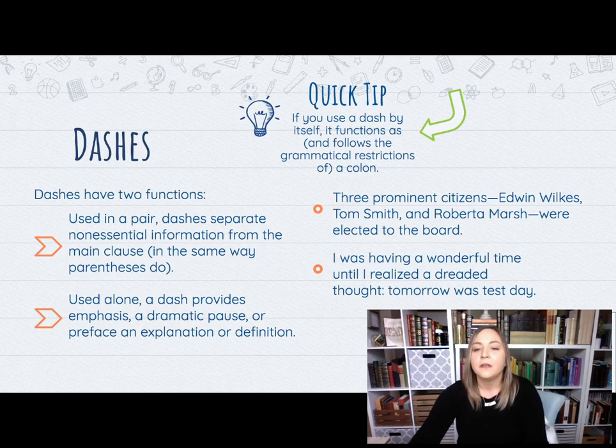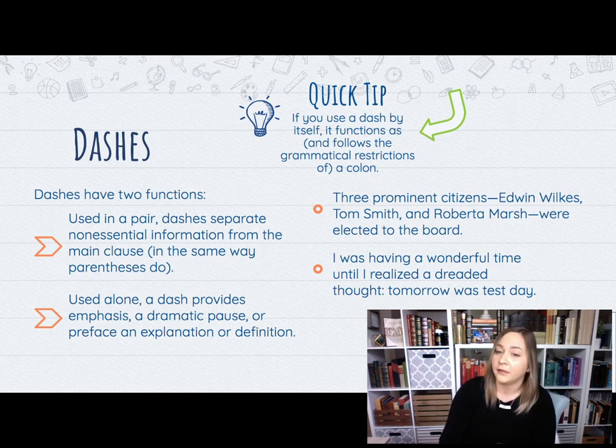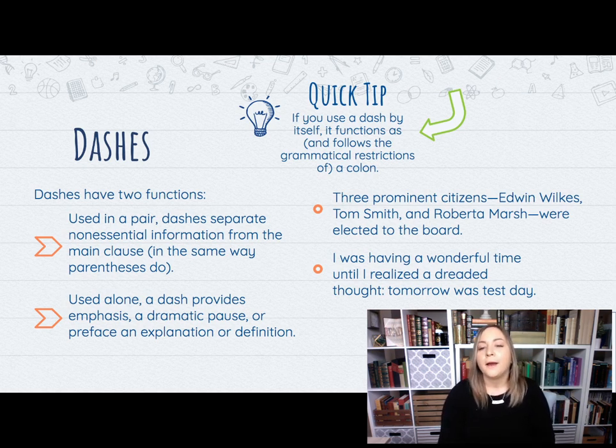So here we could have the dash as well. And what it does is it emphasizes, puts a kind of emphatic pause between the dreaded thought and what it was, right? So a dreaded thought, tomorrow's test day, okay? So in this example here, it's emphasis, right? Or what I would say, a dramatic pause, okay?